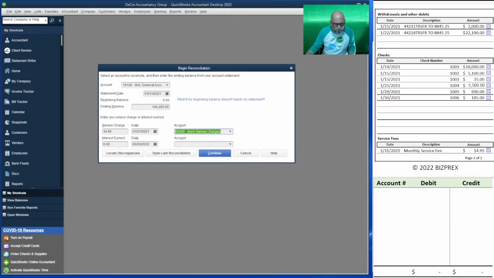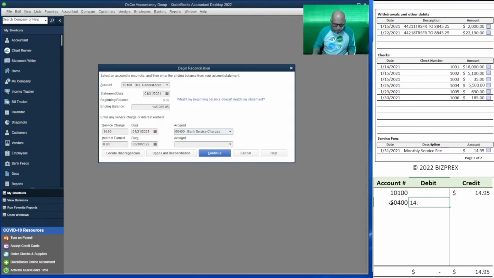Bank service charge. Yes. So again, let's cover debits and credits on this one. What's happening? Well, $14.95 will be coming out of our general bank account, and it's an asset. And assets are reduced when credited, so this amount right here is a credit to this account. And we have to have a debit, right? And the debit is for bank service charges.